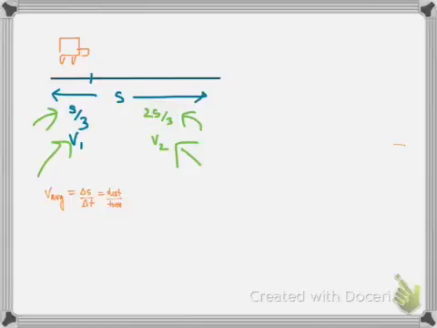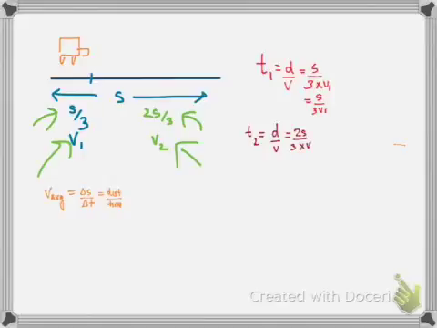Let us find the time for the first journey, t1. It is equal to the distance over the velocity, which is s by 3 over v1. Therefore, the time is s by 3 v1. Similarly, we can find the time for the second distance: t2 is again d by v, but this time d is 2s by 3 and the velocity is v2.